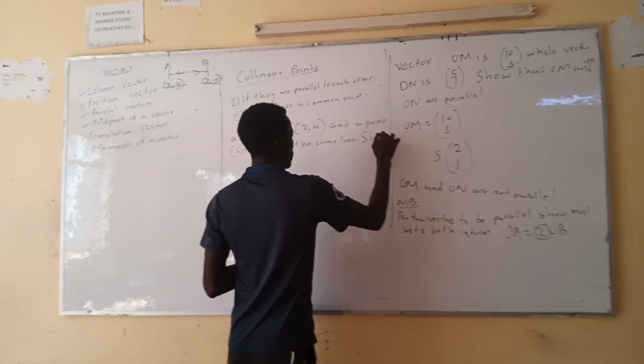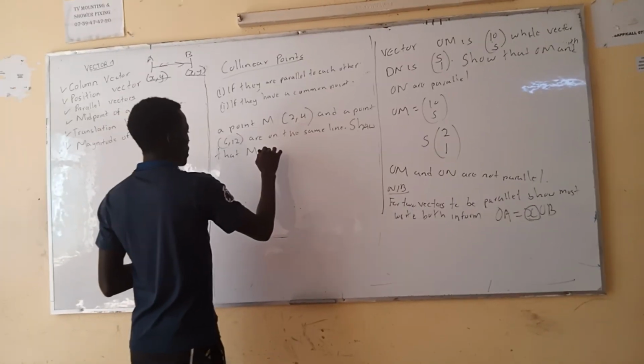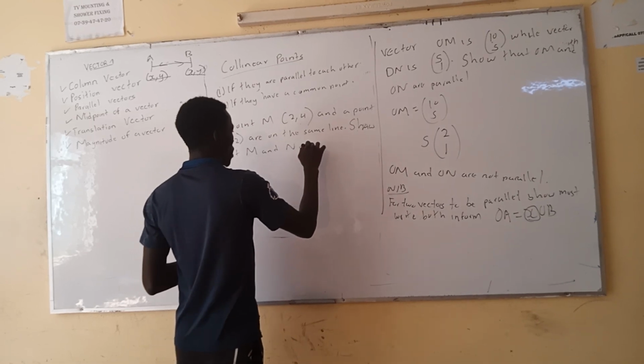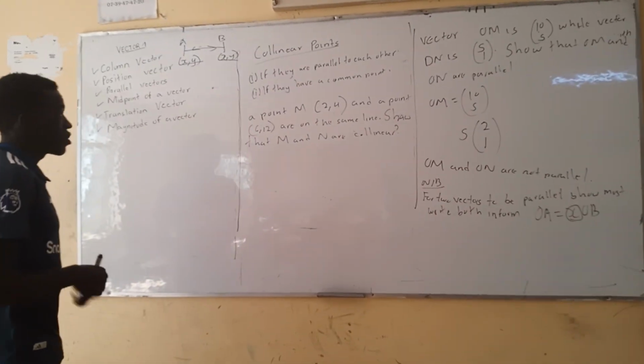Show that M and N are collinear. This is the only example I'm going to consider for collinear points.